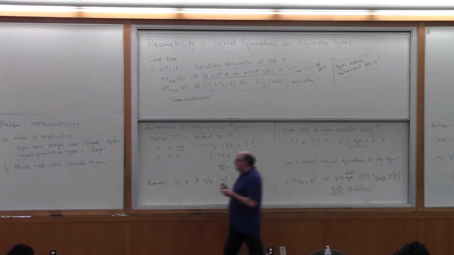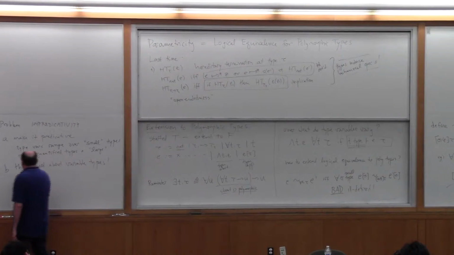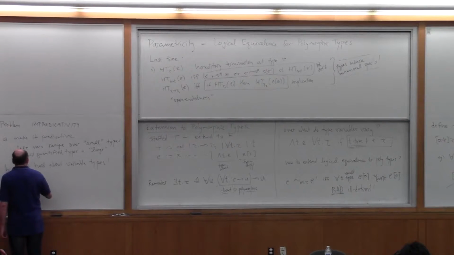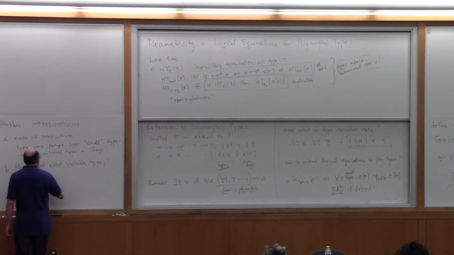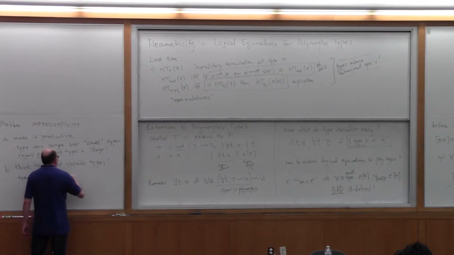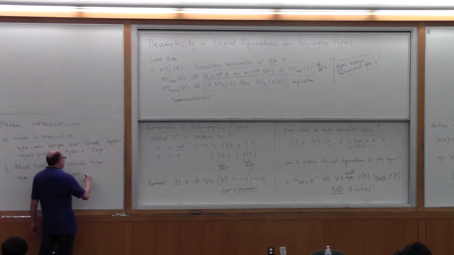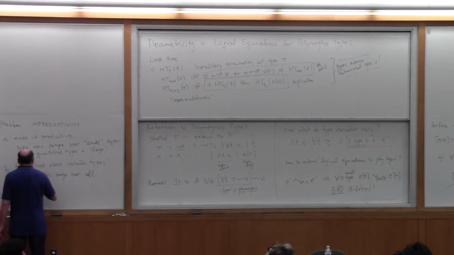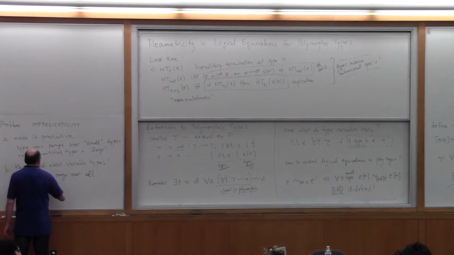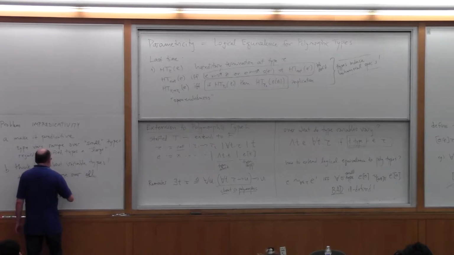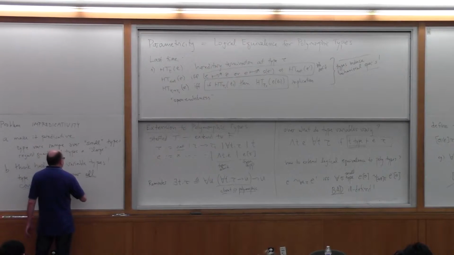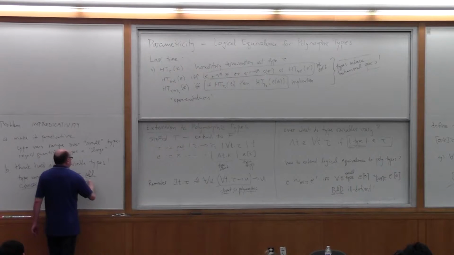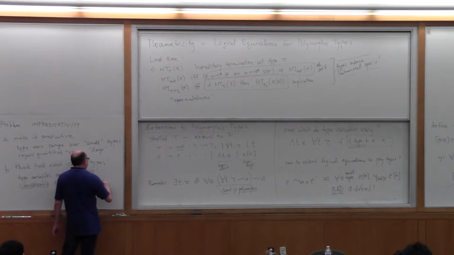What I want to do is say that type variables range over, for lack of a better way to formulate it, all conceivable types. That's kind of a tricky business. All conceivable types. Not just the ones you can write down in this particular language.